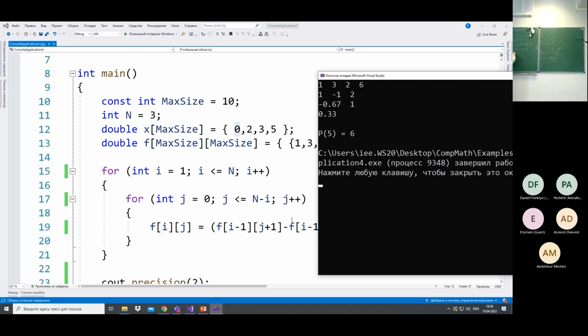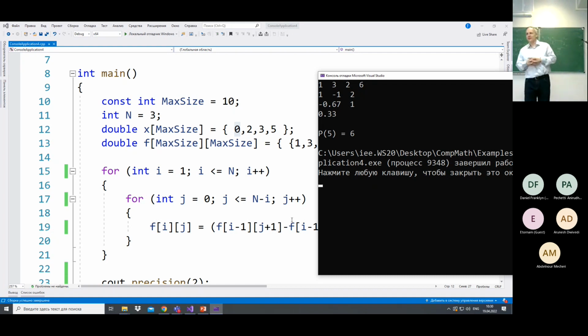You should take minus 2/3 times x minus x0, x minus x1. x1 is 2. And this is the polynomial of degree 2. And so on. To compute a polynomial of degree 3, you should take the polynomial of degree 2 and add one more term.